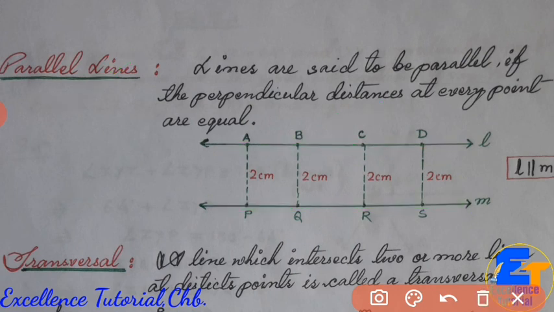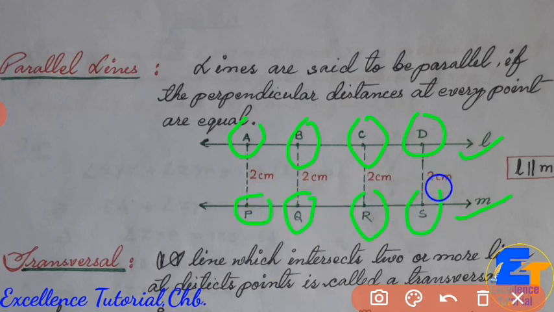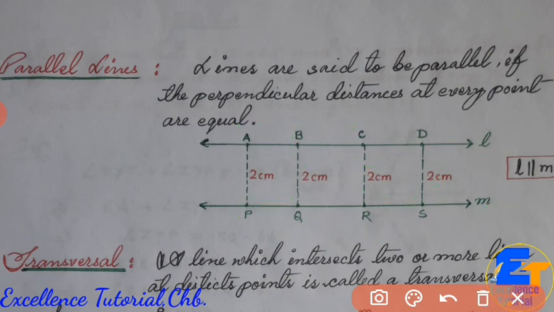To check this, we have taken 4 points on line L. You can see A, B, C and D. In the same way we have taken P, Q, R and S on line M in such a way that their distances are perpendicular, that means making an angle of 90 degrees.